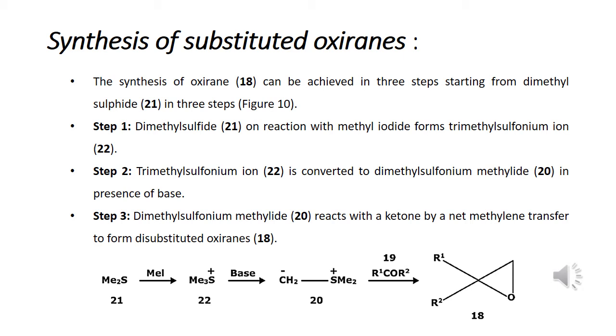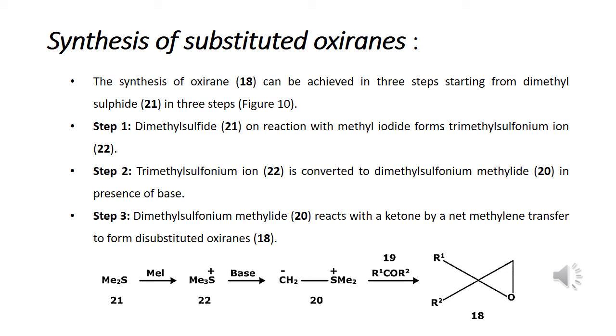The synthesis of oxirane, that is structure 18, can be achieved in 3 steps, starting from dimethyl sulfide, that is structure 21. In step 1, dimethyl sulfide, 21, on reaction with methyl iodide forms trimethyl sulfonium ion.